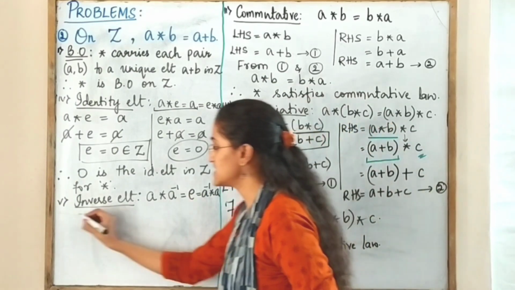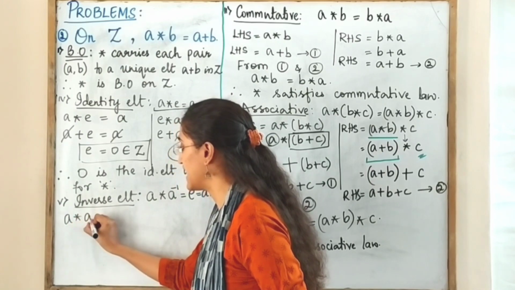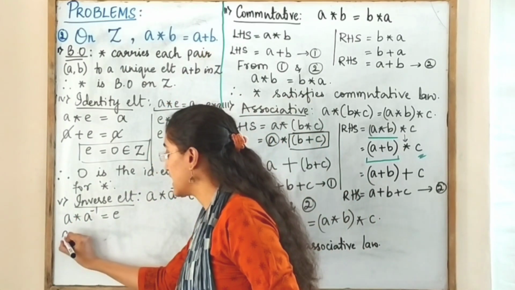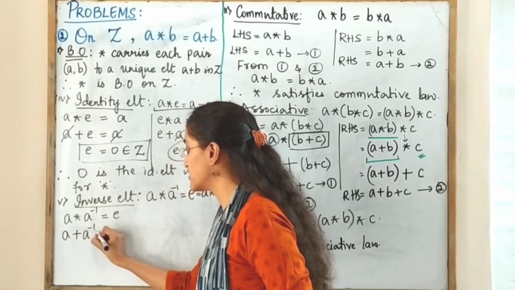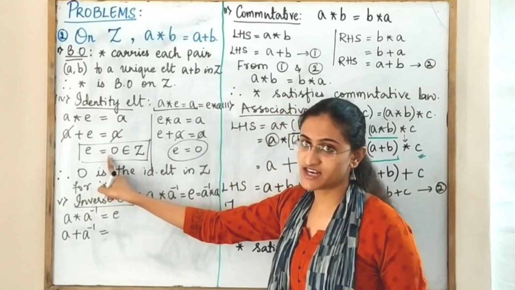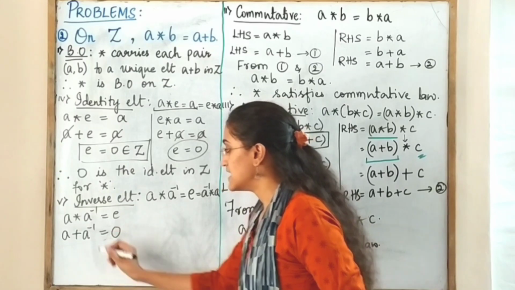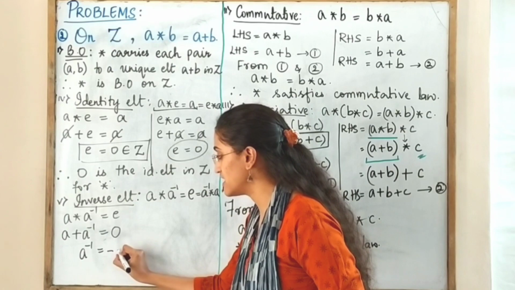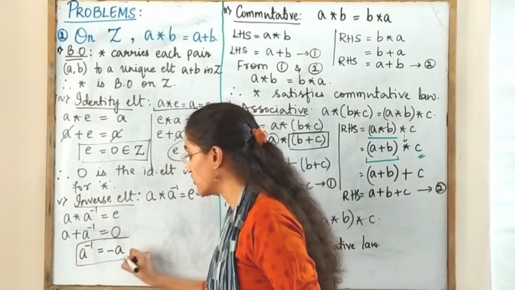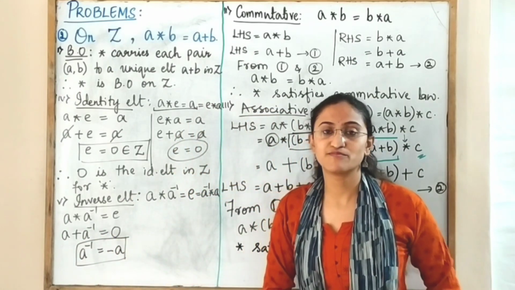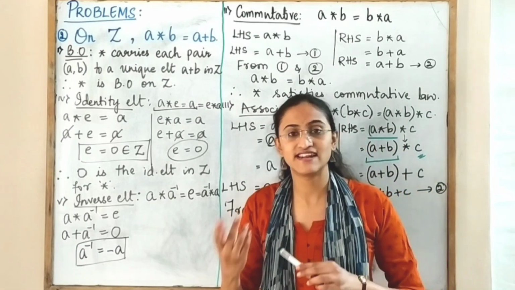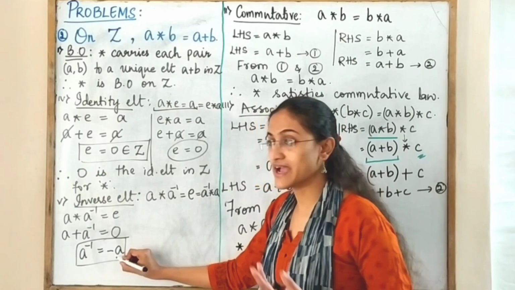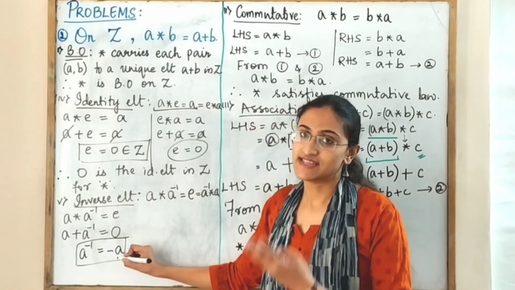Starting with the first part, A star A inverse is equal to E, and according to the operation A plus A inverse is equal to E, which we have already found out is 0. Now A inverse is equal to, shifting A to this side, minus A, and you know that if a positive number belongs to the integer set, then the negative number also belongs to the integer set, and hence minus A also belongs to the integer set.